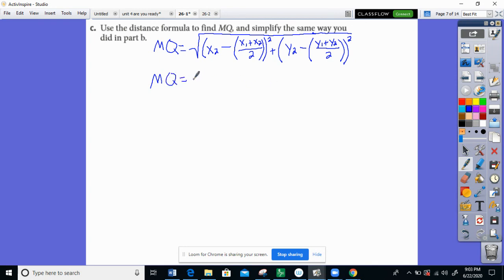All right, so we want to have a common denominator. So for this x2 term and this y2 term, we want to have a denominator of 2. So we're going to make that 2x2 over 2 minus the x value for point M. We were supposed to take that whole thing and square it, plus same thing for the y values.